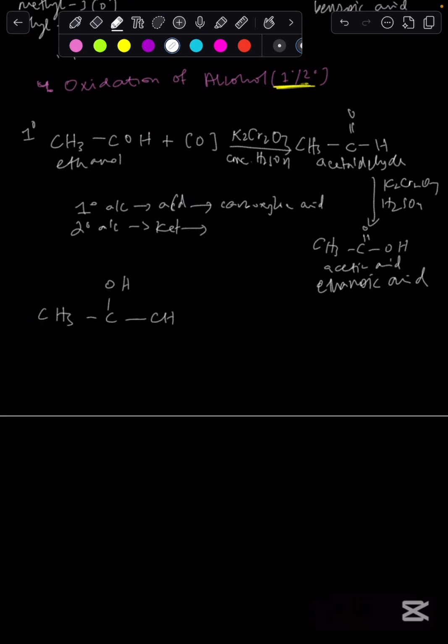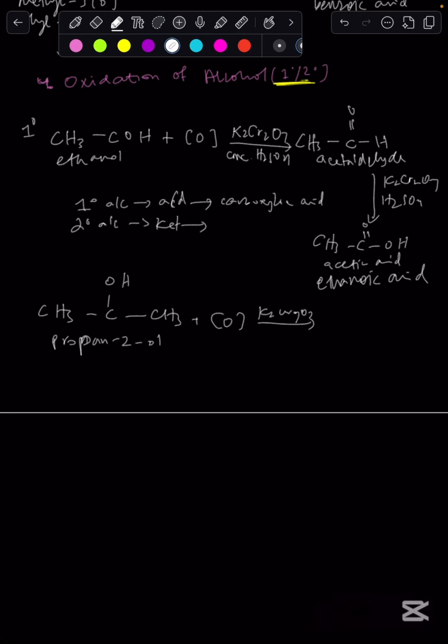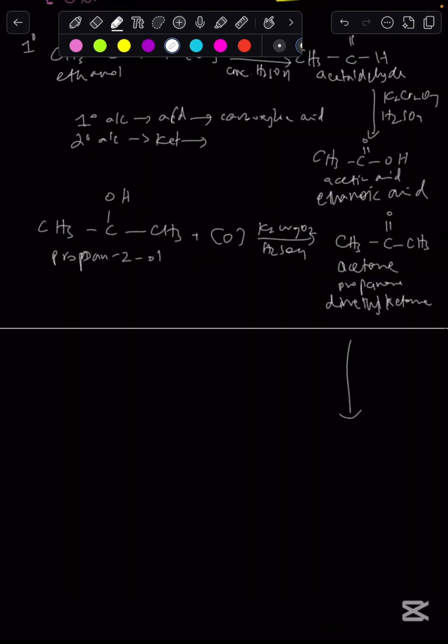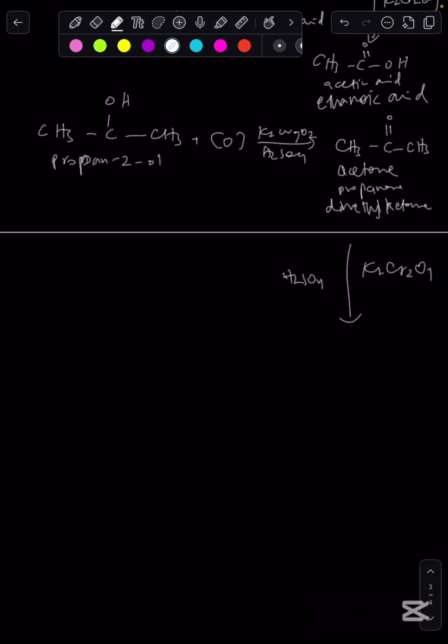Now, for example, if we have a 2 degree alcohol, propan-2-ol or 2-propanol, it's going to react with oxygen with the same reagents, concentrated H2SO4 and K2Cr2O7, and form acetone or dimethyl ketone. And then this is going to react with the same reagents, and then it's going to form a mixture of carboxylic acids.